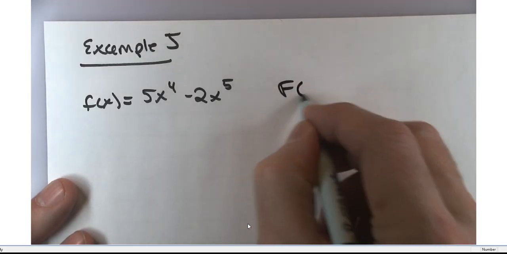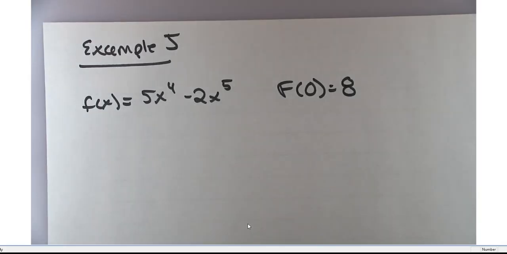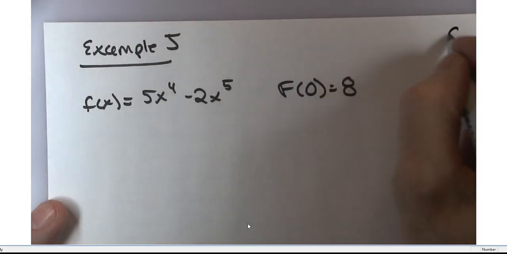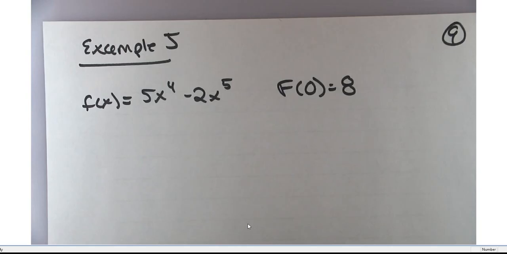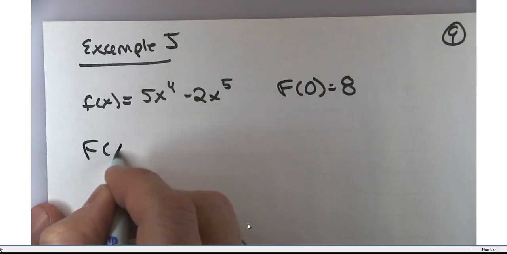F of 0 equals 8. So that's interesting. They're sticking that in there with us. Now, the first part of this should be pretty simple, so I'll give you a few seconds to work on that. Find the antiderivative, capital F.